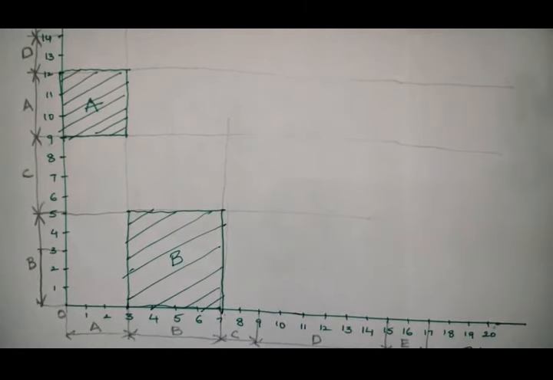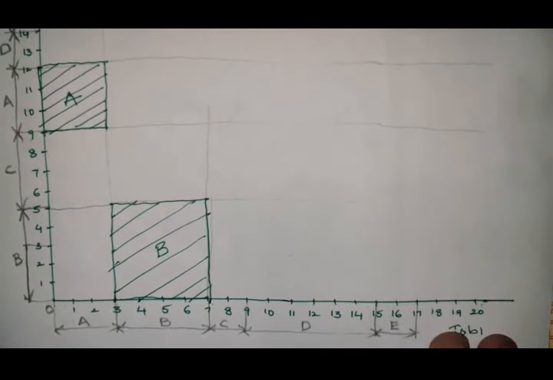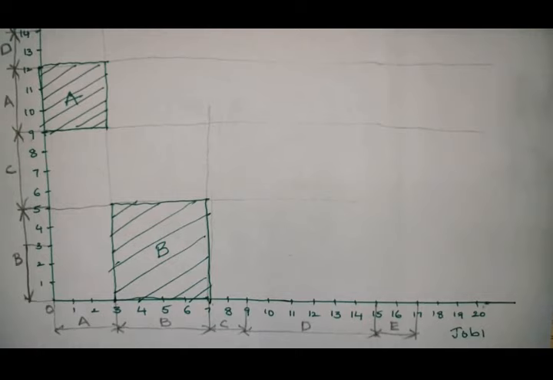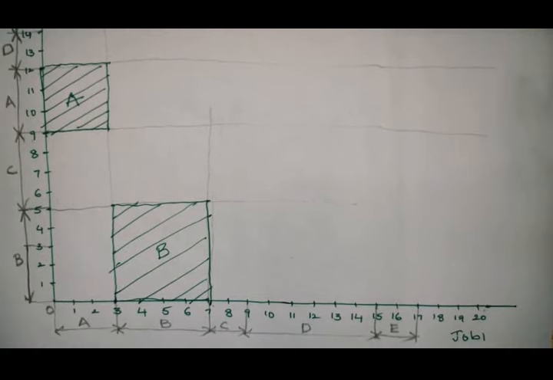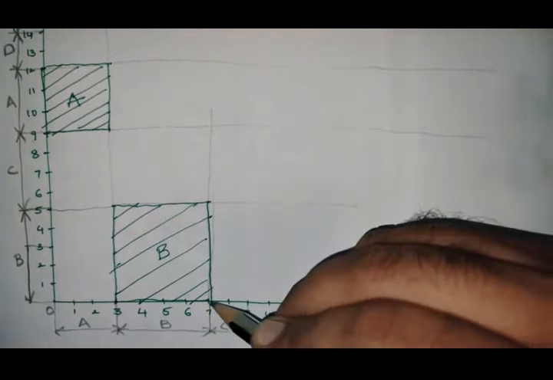Similarly, identify the common region for mission C for both jobs 1 and 2. So for C, the region is from 7 to 9. And for job 2 is 5 to 9.